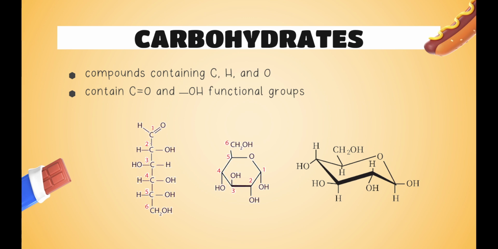Now, these three images that you see here are the different structures or projections that show the carbohydrate structure, as mentioned. The first image that you see here is what we call your Fisher projection.